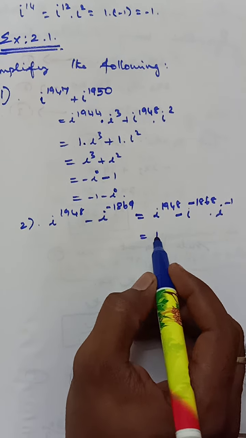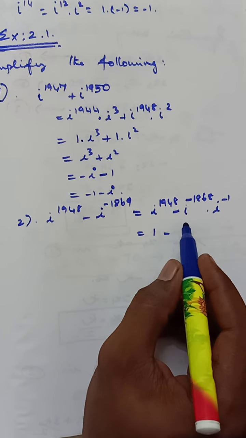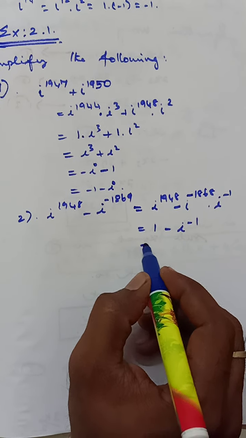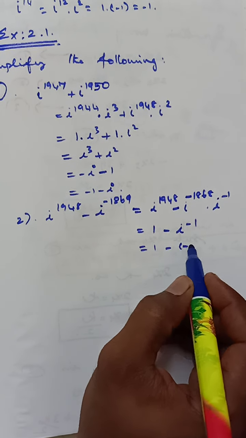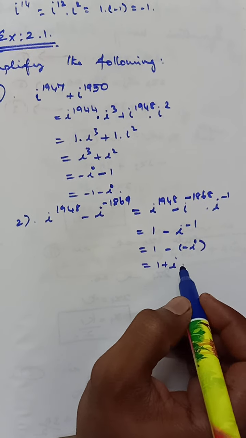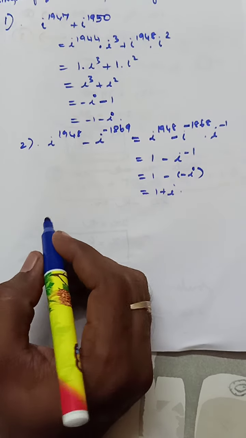So this is 1 minus, again this is a multiple of 4, so the answer is 1 − i⁻¹. i⁻¹ is nothing but −i. So the answer will be 1 + i. Right? It's very simple. The only thing is you should know how to find the multiple of 4.